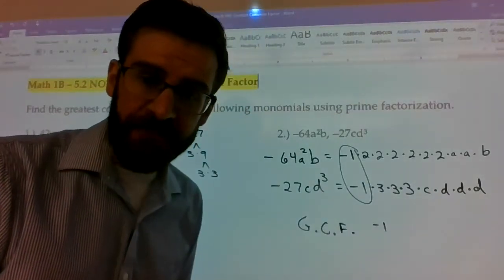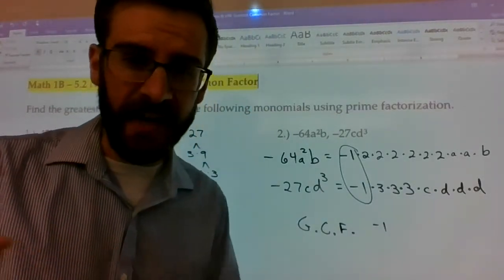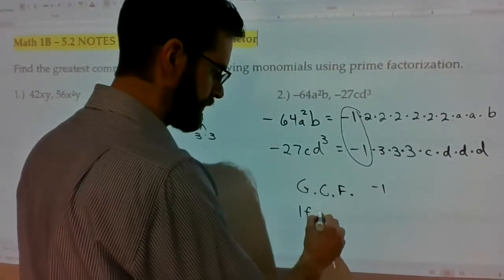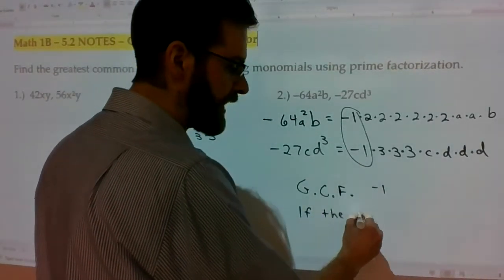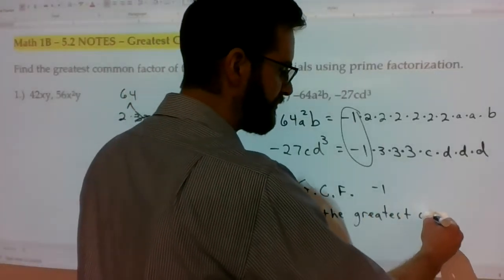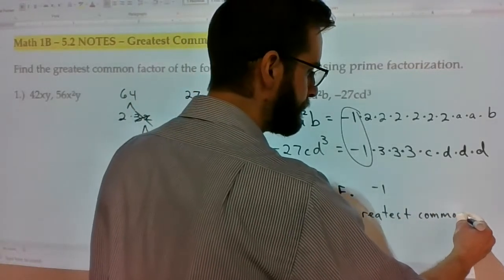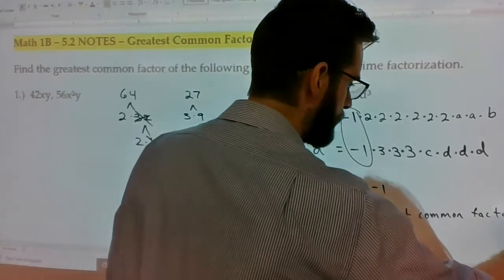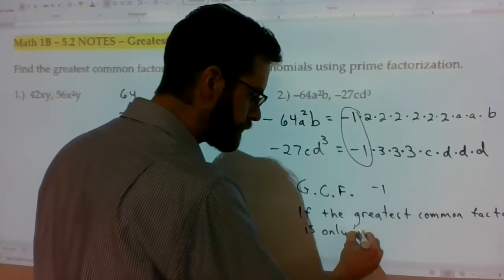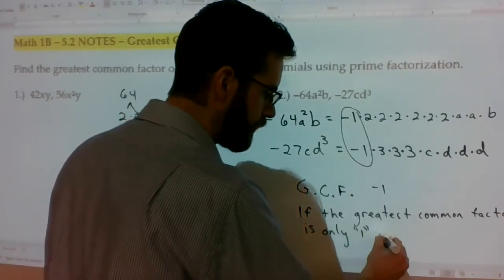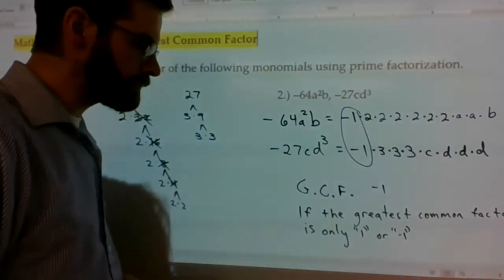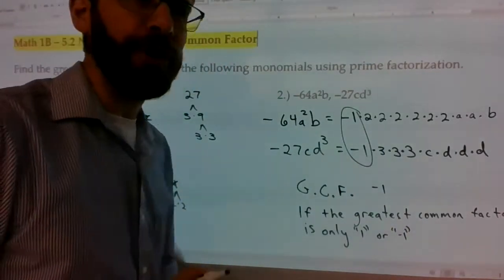If the GCF is 1 or -1, it's got a special category for it. If the greatest common factor, this is something you should put in your notes, if the greatest common factor is only 1 or -1... oh, you know what?